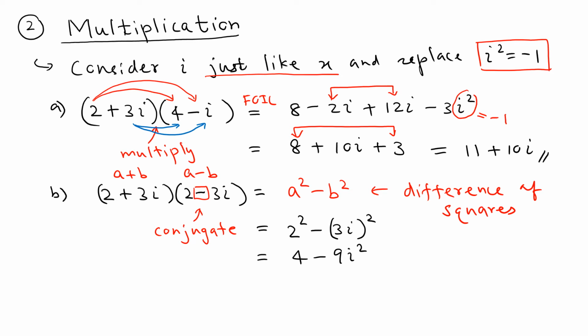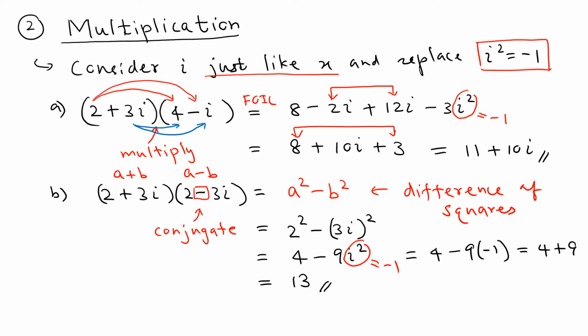Now, as before, we can replace this i squared by -1. So when you do that, you're going to get 4 minus 9 times -1. So you're going to get 4 plus 9, because minus becomes plus 9. So 4 plus 9 means 13. So you get a real number. This always happens.